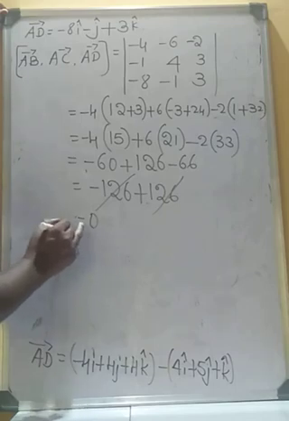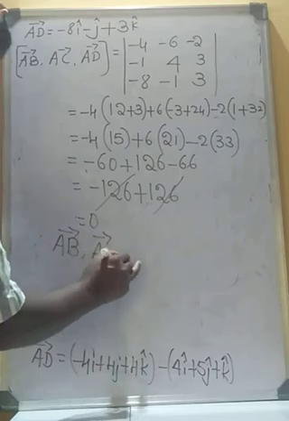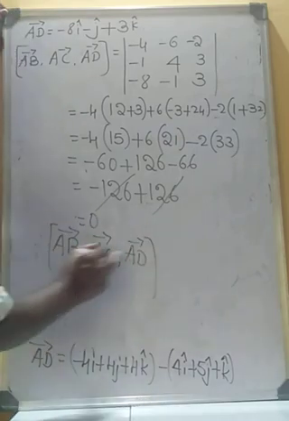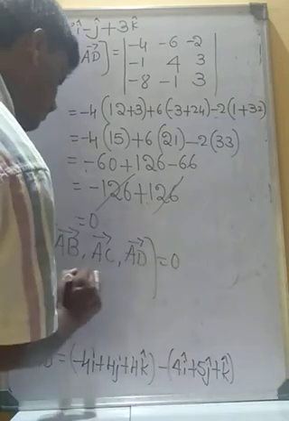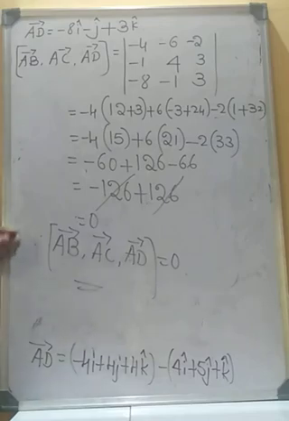Therefore, AB, AC, AD scalar triple product equals 0. Therefore, the given 4 points A, B, C and D are coplanar.